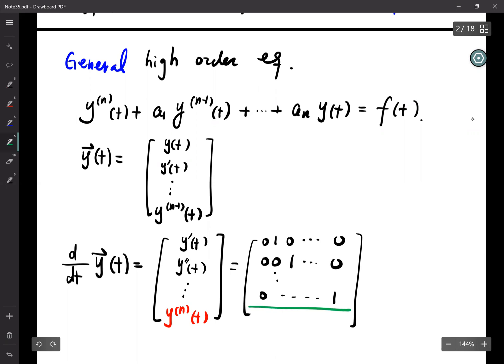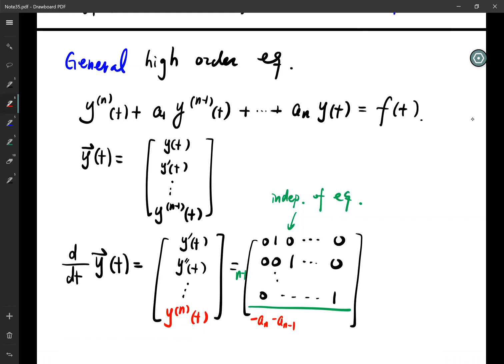So there are n minus 1 rows, and they are independent of the equation. The last row is the nth order derivative. I move everything to the right. I start from y(t), so I have minus a_(n-1) all the way to minus a1. So there are n of those, starting from 0 to n minus 1, times y(t). And there will be an f(t) on the right-hand side.